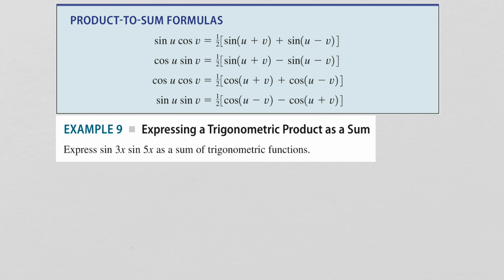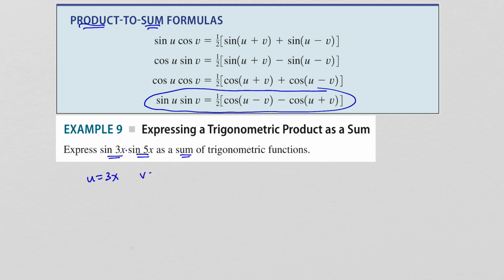So for example here, if I want to express sine of 3x times the sine of 5x as the sum of trigonometric functions, what I'm doing is I'm taking the product of 2 sine functions and I'm changing it into a sum. And that's why this is called product to sum. Now the formula we're going to use for this is the last one. And we're going to use this formula with u equals 3x and v equals 5x, right? Because this is u and this is v.